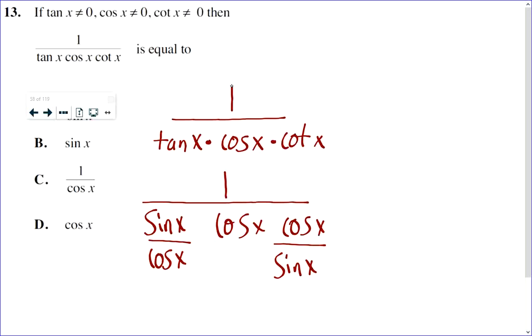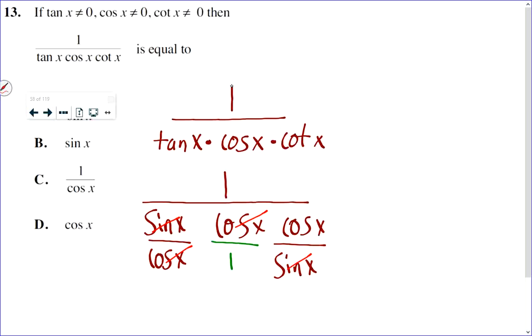This is a complex fraction, but before we simplify it, I can do this and I can do this, which means we're left with 1 over cos. That's it. We're done. By the way, this is 1 over cos, but it's also equal to secant of x, which might be the choice instead of 1 over cos.